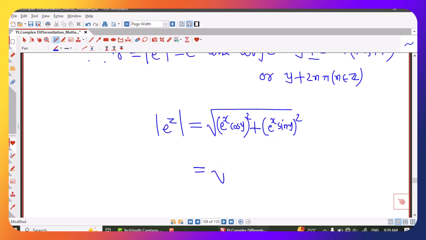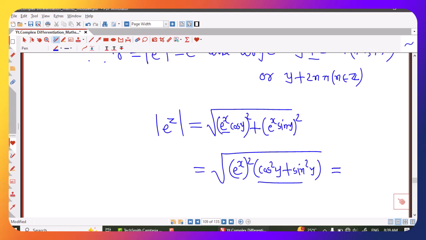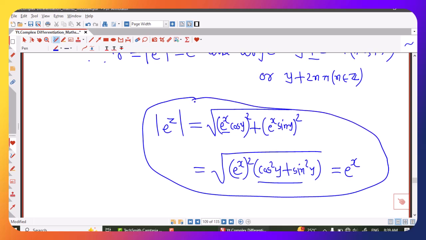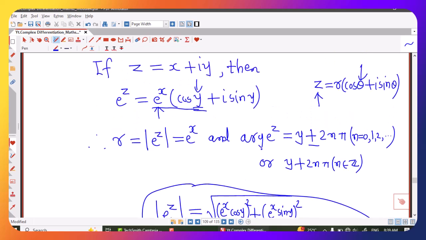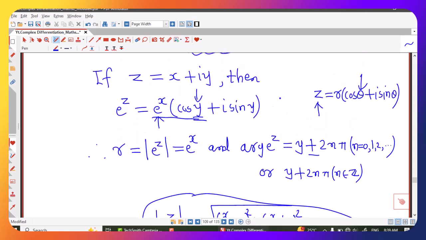And if we take e raised to x squared common, then we are left with cos squared y plus sin squared y, and this is always 1, and the square root of the square is e raised to x. So this is another way of proving that the absolute value of e raised to z is e raised to x, that is r. And this is directly clear from this.